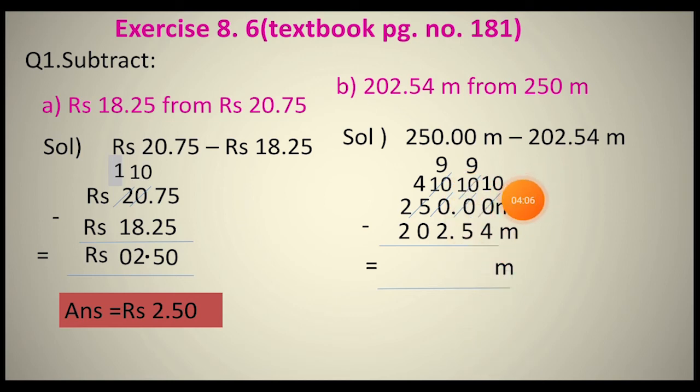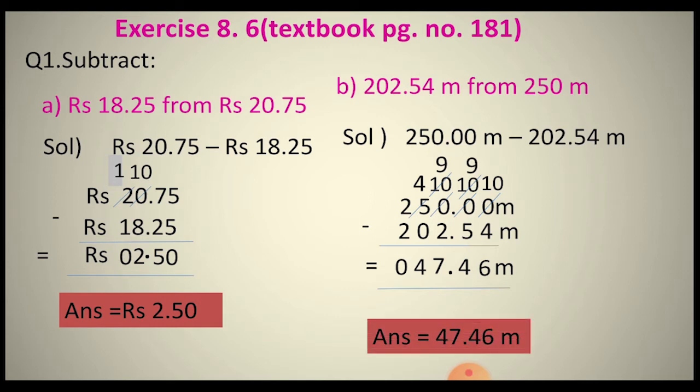Now we can subtract 4 from 10. So 10 minus 4 will give us 6. Likewise 9 minus 5 we can do, so we get 4, and the decimal will be brought down as it is. Then 9 minus 2 will give us 7, 4 minus 0 will give us 4, and 2 minus 2 will give us 0 here. So we got the difference, that is 47.46 meter.